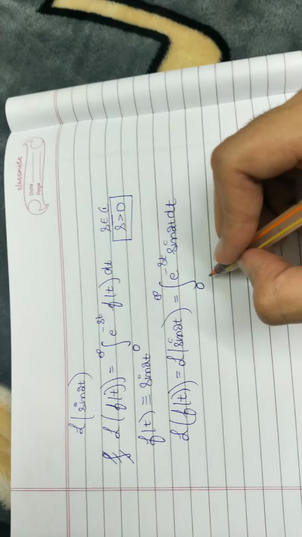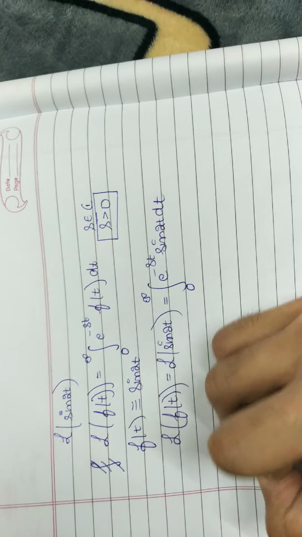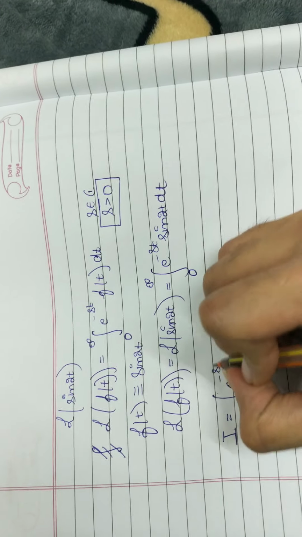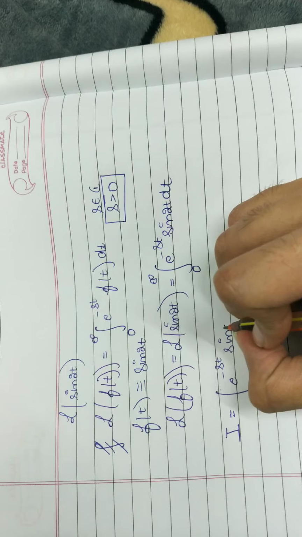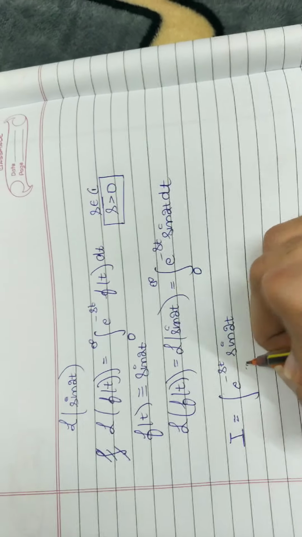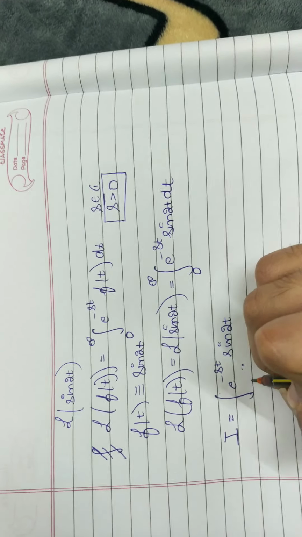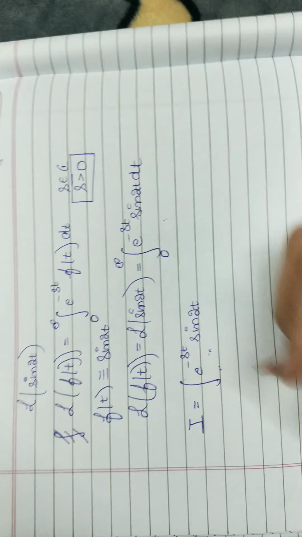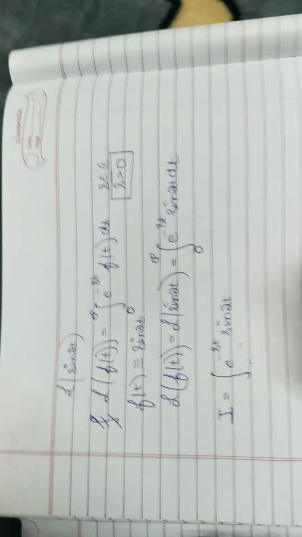Okay, I'm gonna name the indefinite integral for this case, that is the integral e raised to power minus st sin 2t, as I. So we're gonna first solve this indefinite integral, and then we're gonna put the limits from 0 to infinity after solving this indefinite integral.